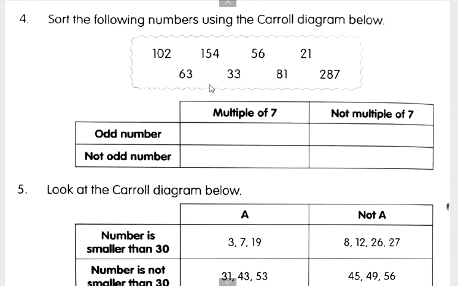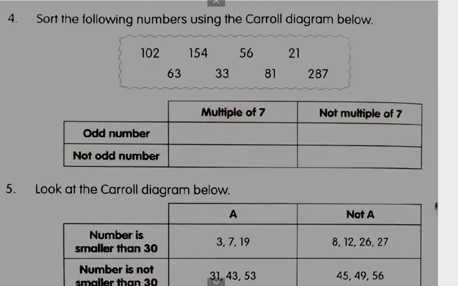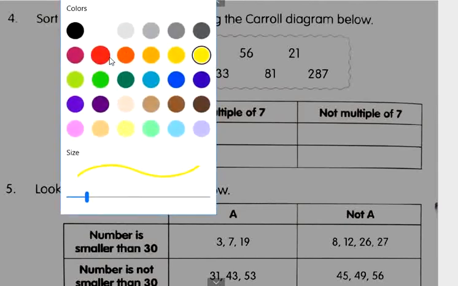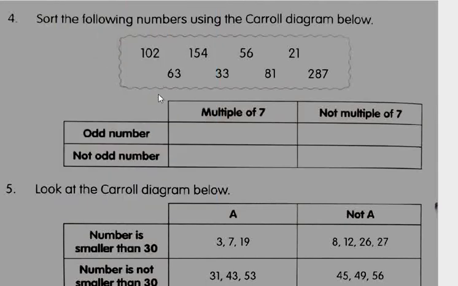Which ones are odd? What are the numbers that are odd? This is even, this is even, this is even, and this is odd. I will mark it. This is also odd. This is odd, and this also.